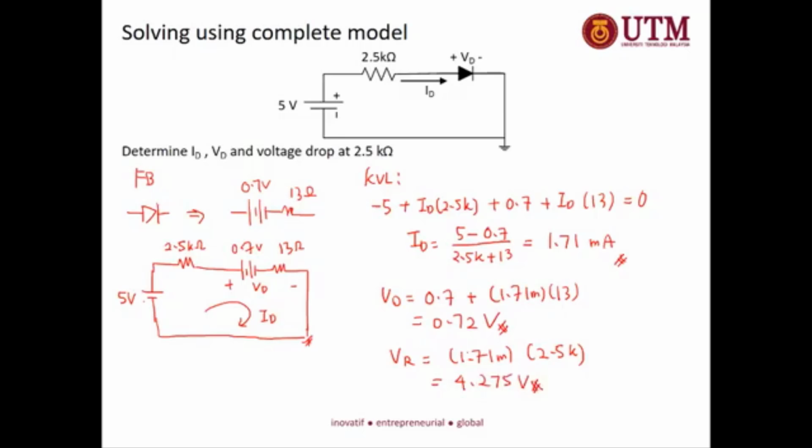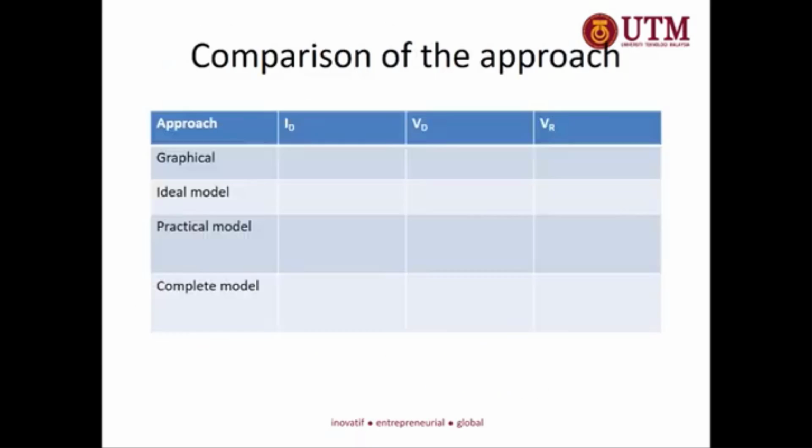Now we have already solved the same circuit using several approaches. The first approach is graphical, and next is using the model. And using the model, we have three options: use the ideal model, or the practical model, or the complete model.